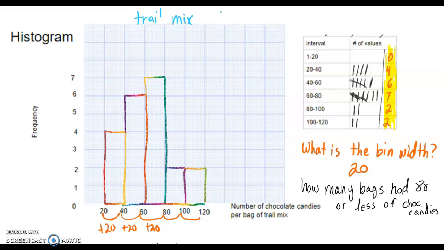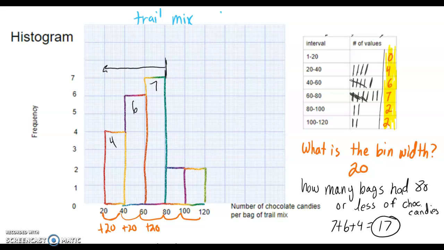Now with that question, right here is our 80, so I'm just going to draw a line straight up, and then I'm going to add the frequency heights of my bins all the way over. So this one was 7, this one was 6, and this one was 4. So the answer to this question would be 7 plus 6 plus 4, which is 17. So 17 bags had 80 chocolate candies or less.